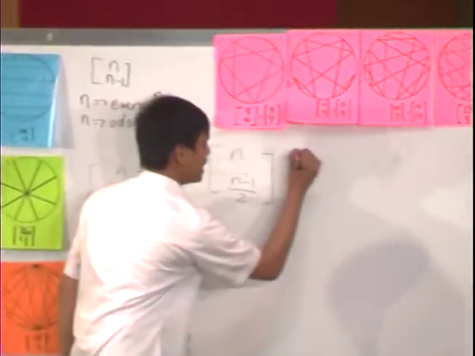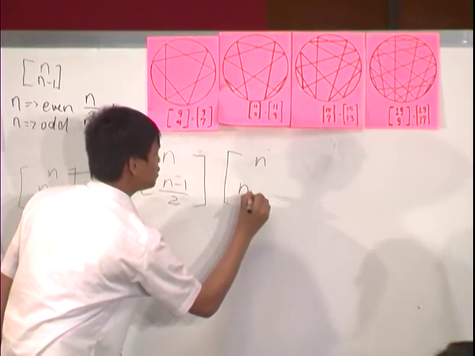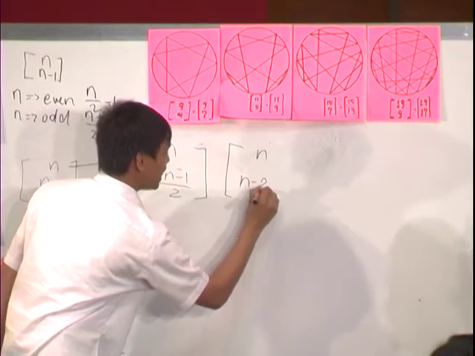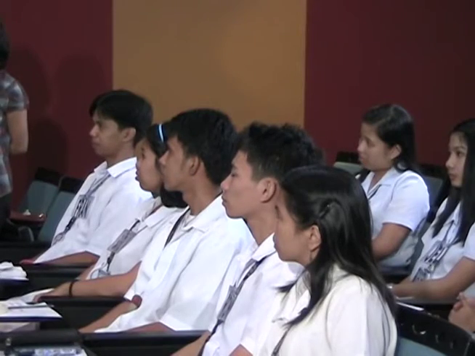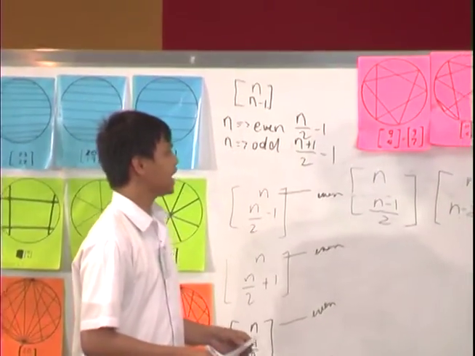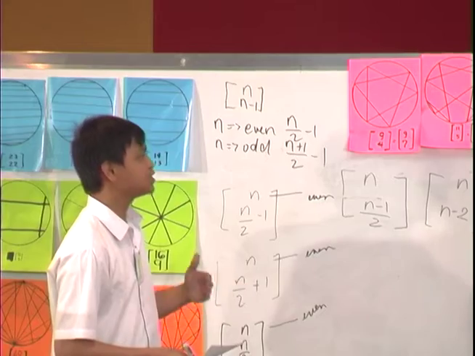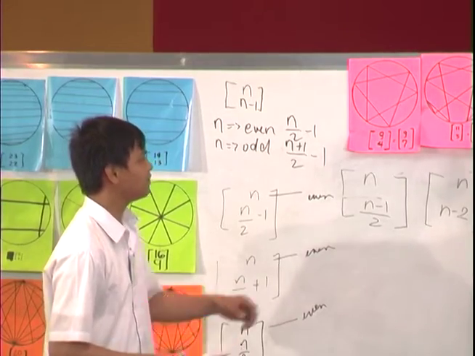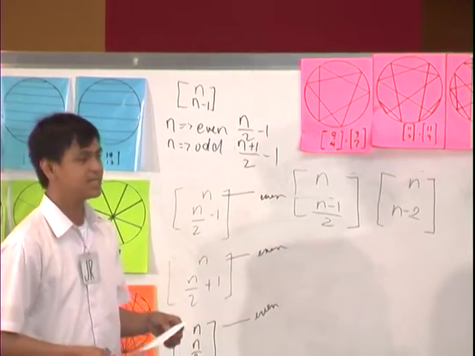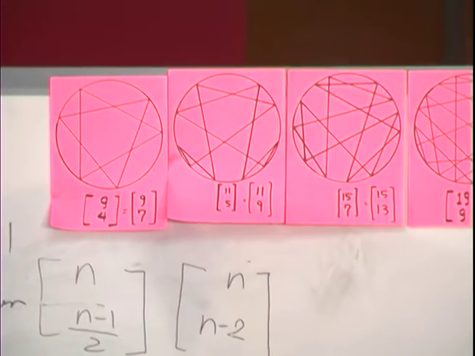So, we also noticed that if you can have this one and we subtract 2 from n, we can also have a 6-pointed star graph. For example, this one, 9, 4. It has a 6-pointed star graph. We can also have 9, 7 as the same, which have a 6-pointed star graph.